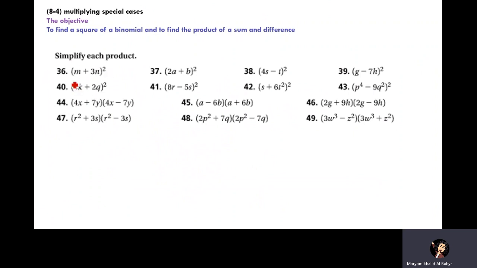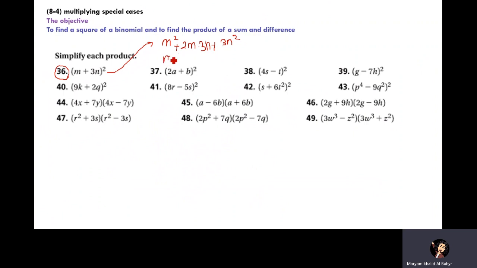Let's see this one. If we are doing 36, that will be related to the first key concept. So that will be the first squared. The last one is squared, don't confuse, n to the power 2, then plus, since I have a plus here, plus 2 times the first times the second one, which is 3n.